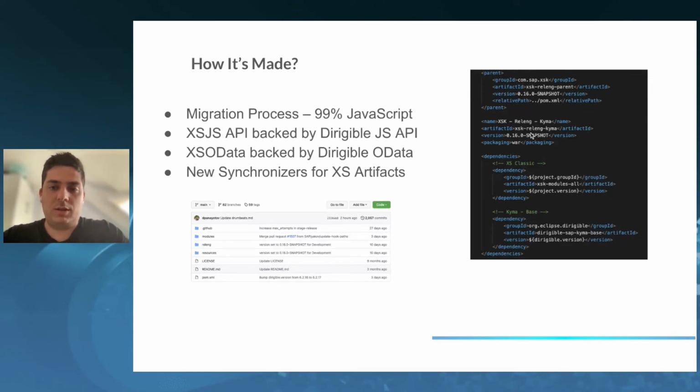On the right-hand side, you can take a look at our link for the Kyma environment. It's pretty simple, and it uses this dependency, which is Dirigible's SAP Kyma base. On top of that, we add our modules, and that's it. You can basically package your WAR file like that, and you can build your own Dirigible.